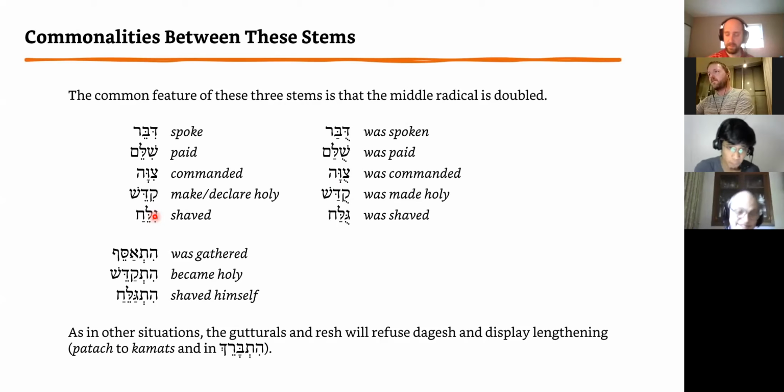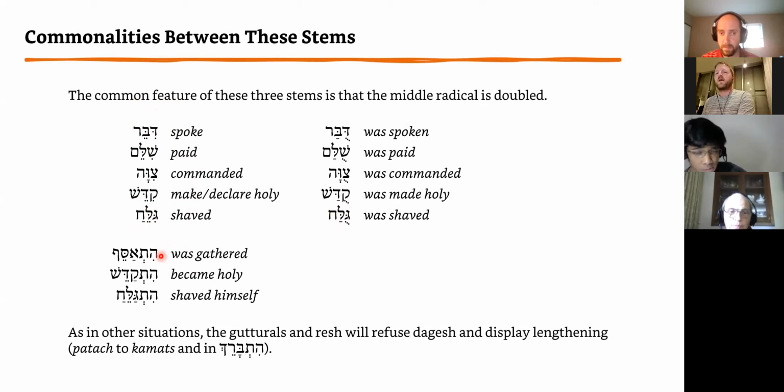Yes. Good, good. So the Hitpael, generally, if we could think of the Piel as like an intensive type meaning of the root, the Pual is its passive. We'll look at that in a second. And then Itasef, Itkadesh, Itgaleach. These are like, many times the root, they have a reflexive sense.